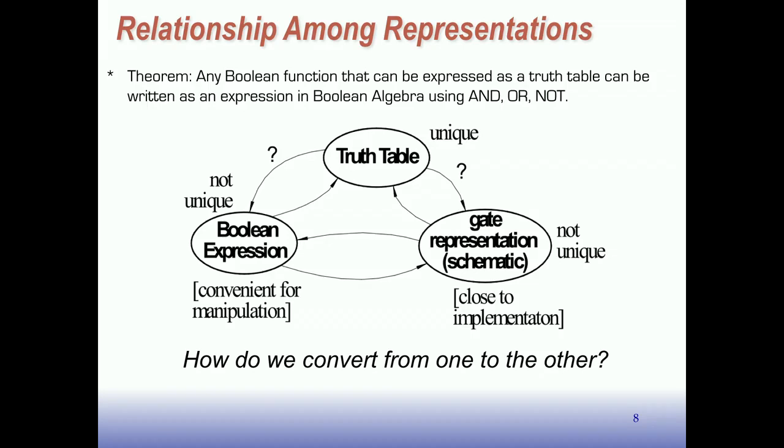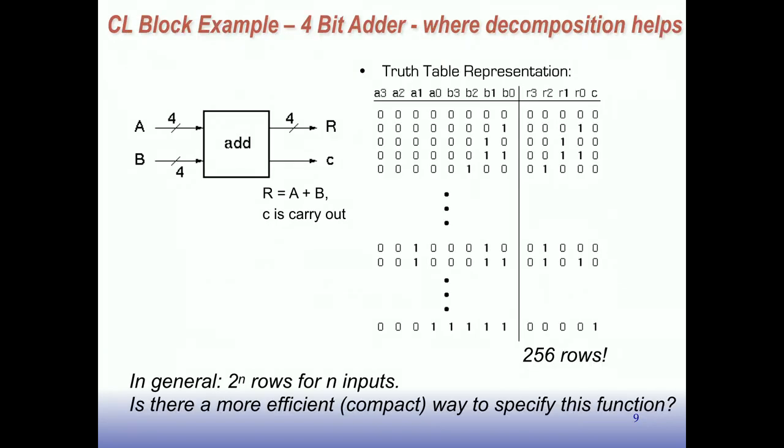Before I do that, I want to give you another example of a combinational logic block. And here is a 4-bit adder. This is a place where decomposition becomes important, and I'll tell you what I mean by decomposition in a minute. We looked at a truth table for a 2-bit adder the first week in the introduction.